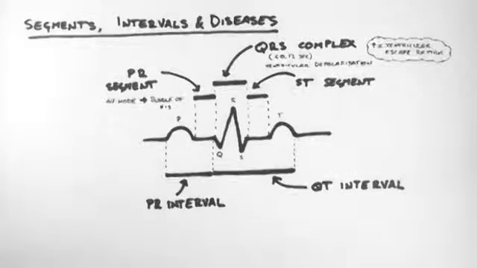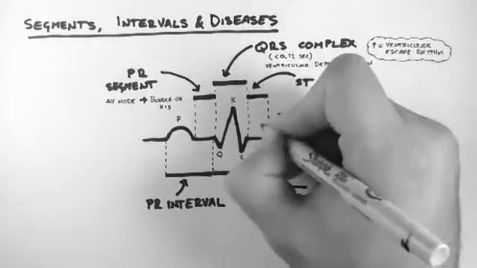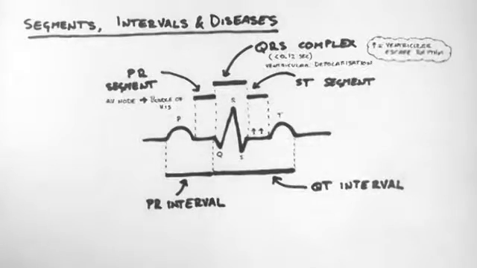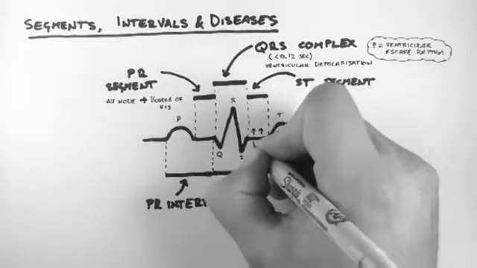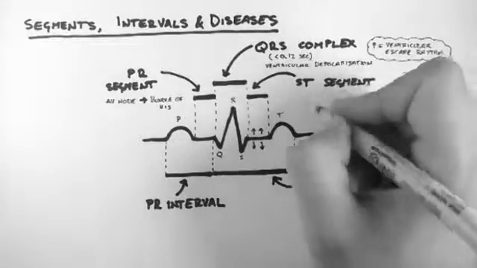The ST segment is really important in emergency medicine because characteristic changes are often seen during a heart attack or angina. The ST segment can be normal or it can be elevated, which means it sits above the baseline on the ECG. Or it can be depressed, which means it sits below the baseline.